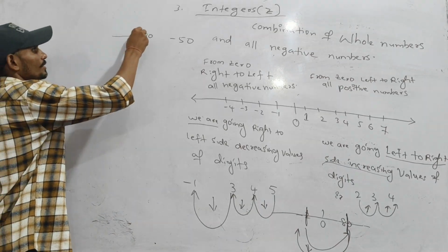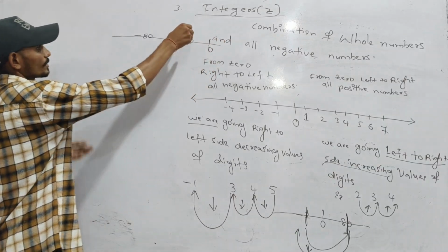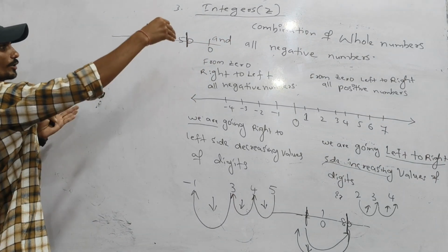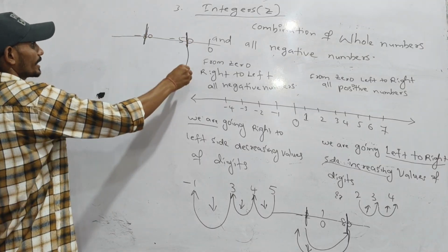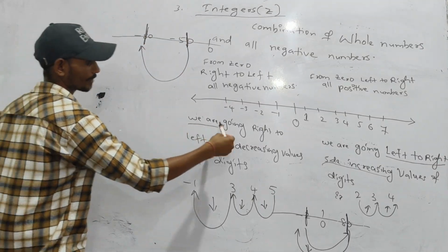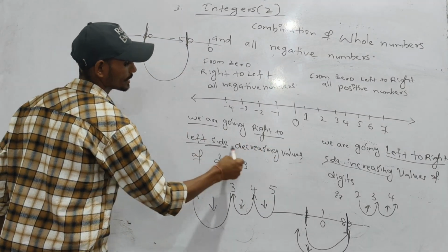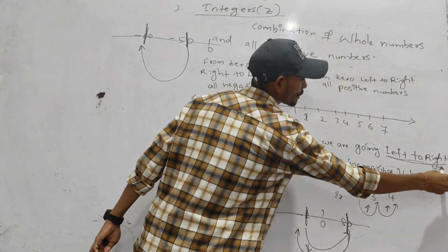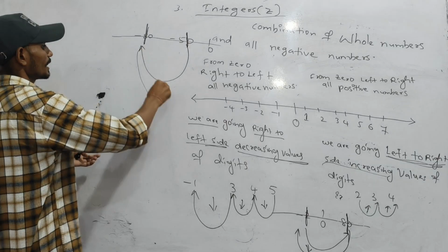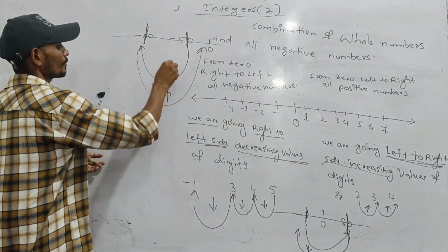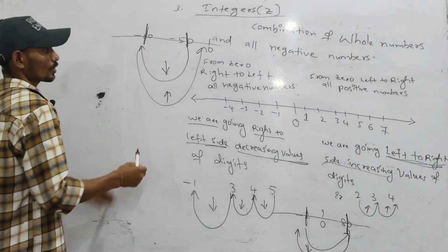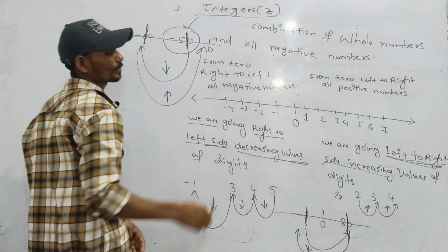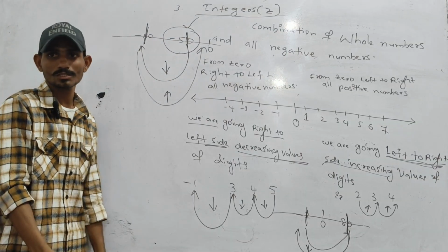From 0 on the right side, going to -80 on the left, we go right side to left side, and right to left decreases the values. Left to right increases the values. So between these two, -50 gives the more value.